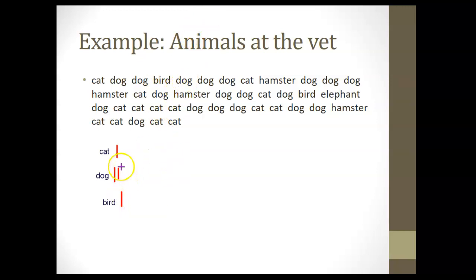Next we have another dog, and then another dog, and then another dog. So far that's 5 dogs. Next animal to come along is a cat. Then next we have a hamster. So that gives us a new category here.